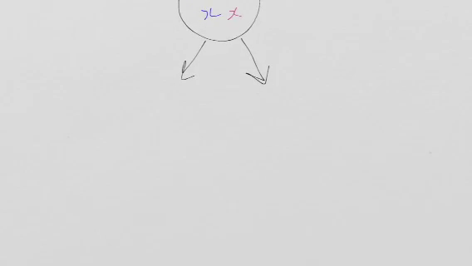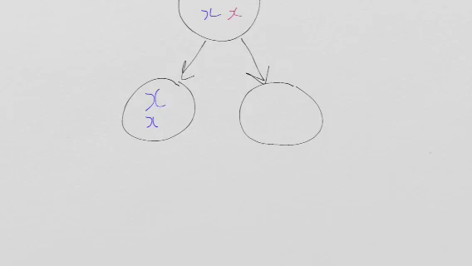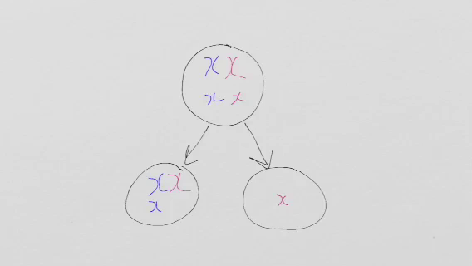If a non-disjunction disorder occurs, you have an uneven division of the chromosomes. So you can end up with a big one over here and a little one here, and maybe these guys didn't split up, but maybe these guys did. So we have an uneven dividing of DNA material.